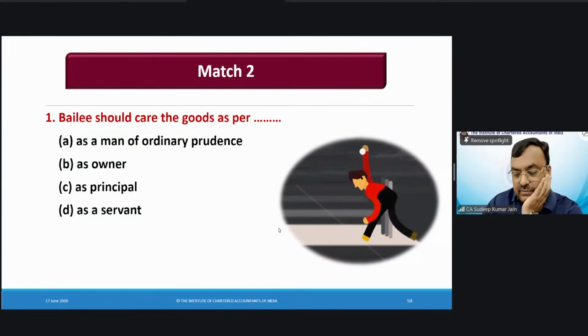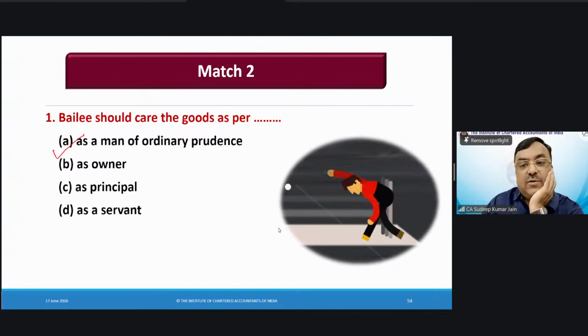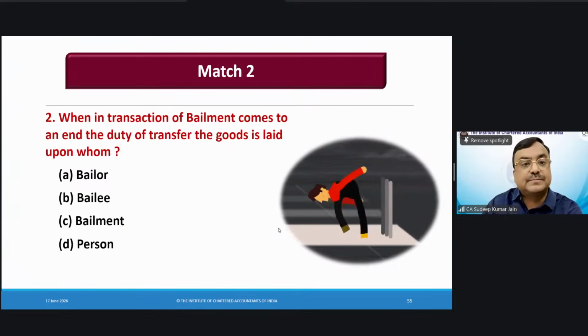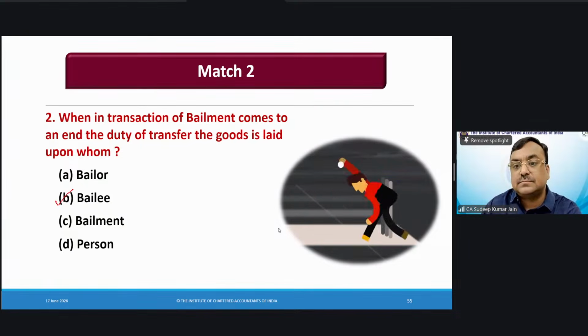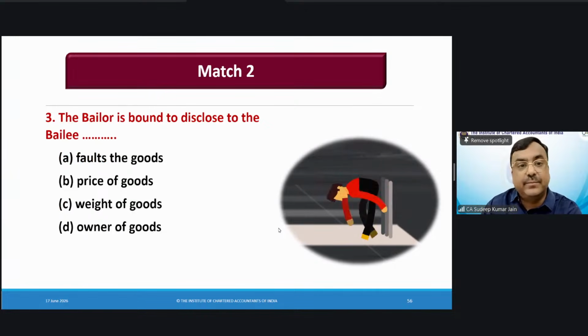So, Bailee should take care as a man of ordinary prudence. When the transaction of bailment comes to an end, the duty of transfer the goods is laid upon whom? Bailee. The bailer is bound to disclose to the bailee faults of the goods.